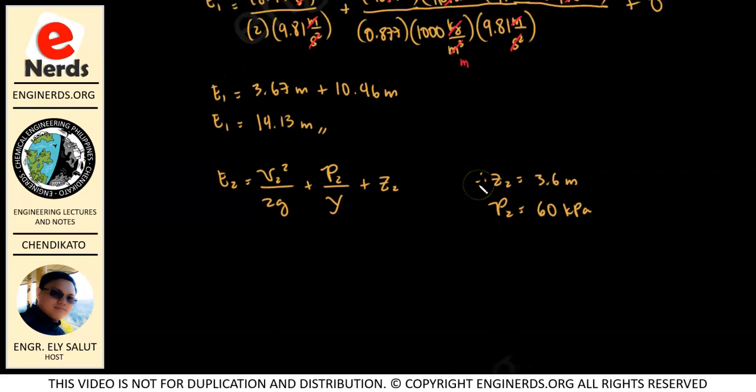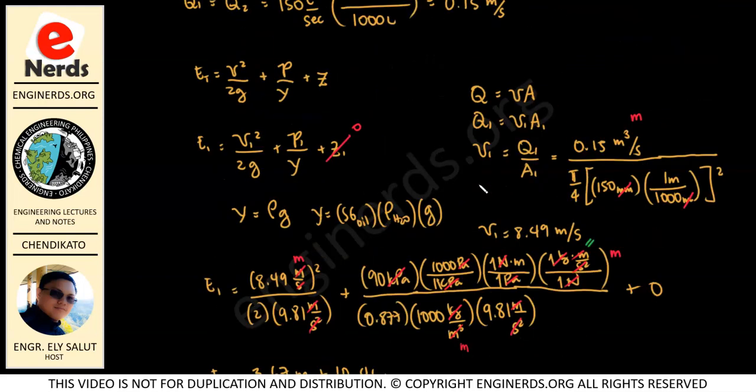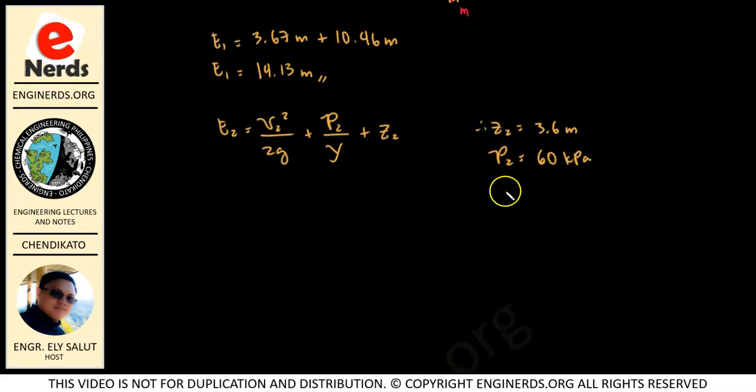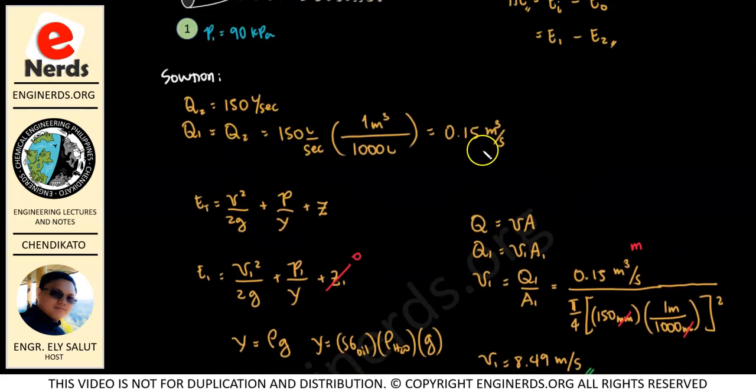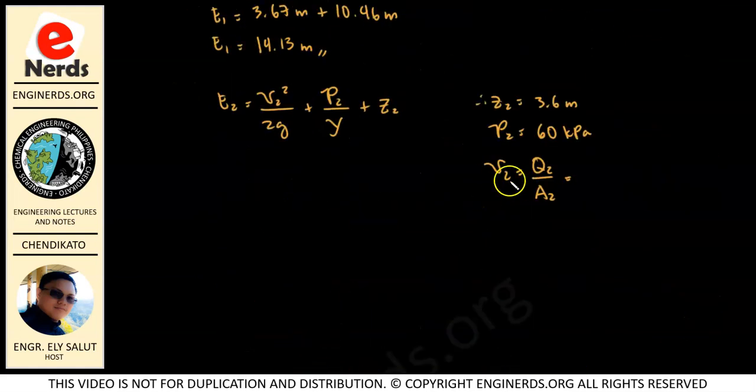So, katulad ng ginawa natin dito, our velocity is equal to the flow rate divided by the area. So, our velocity 2 is equal to Q2 over area 2. Pareho lang ang ating Q, no? Our Q2 is equal to 0.15 cubic meters per second.